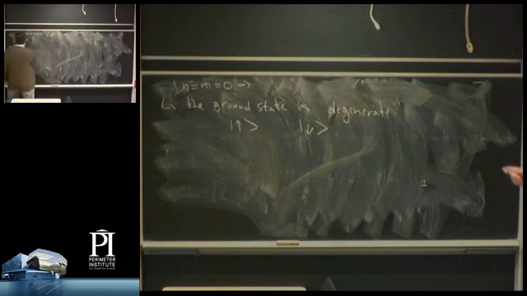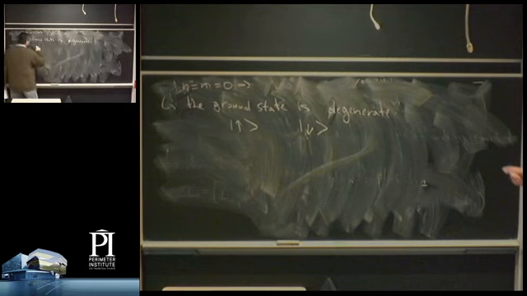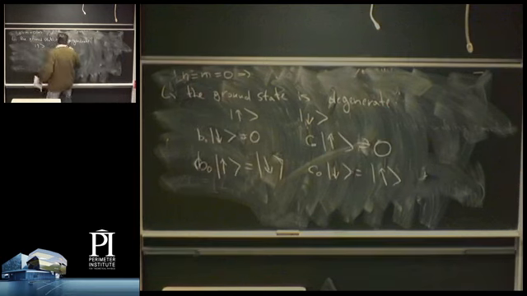So in other words, the ground state is degenerate. And so what we're going to do, we're going to define two ground states by denoting them as spin up and spin down state.